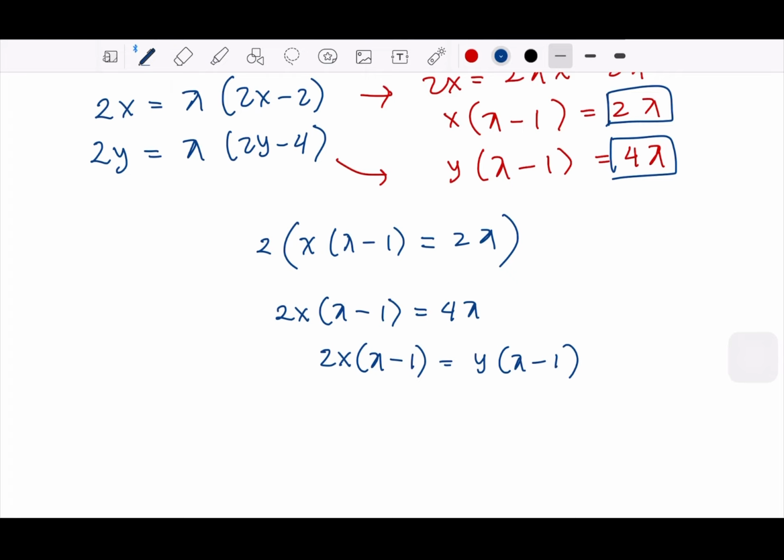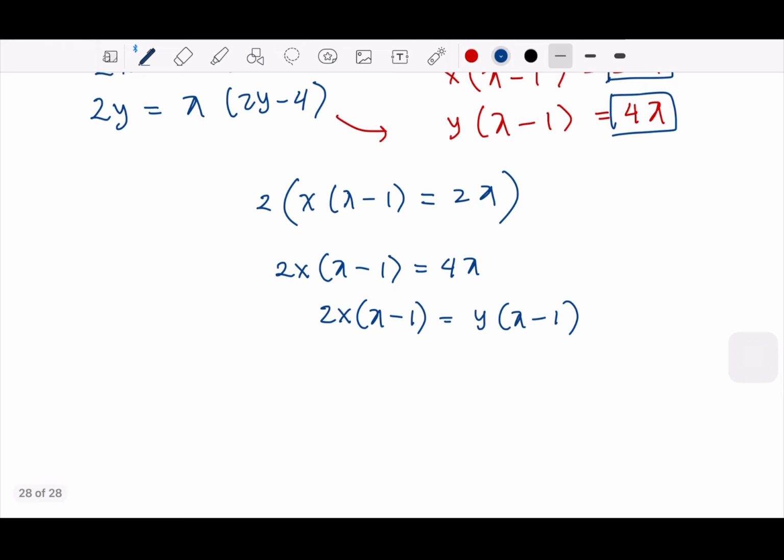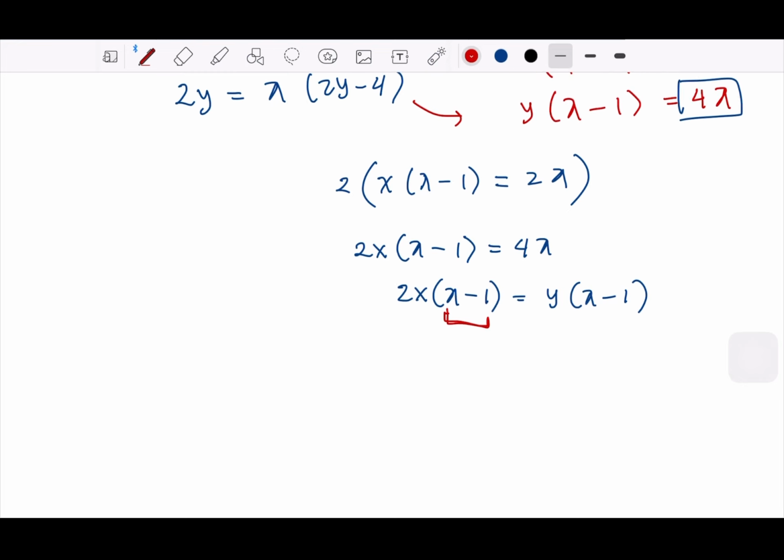Okay, so the possibility here is from this lambda minus 1, we can have lambda minus 1 equals 0 or lambda minus 1 not equal 0. Okay.